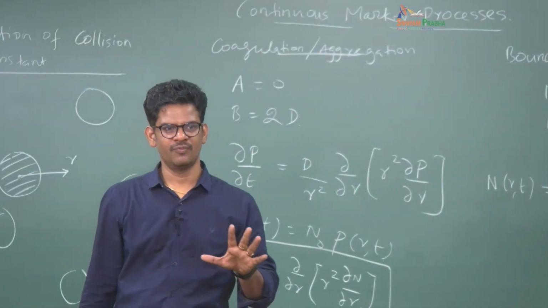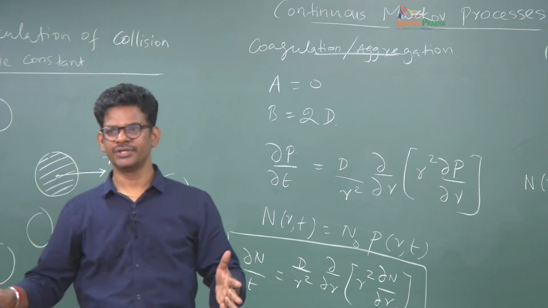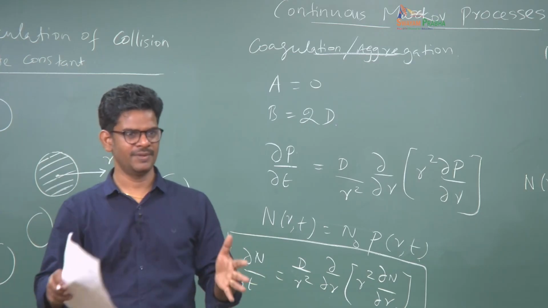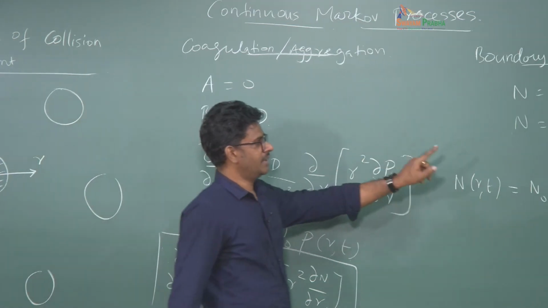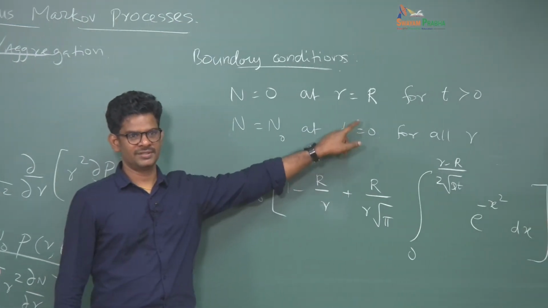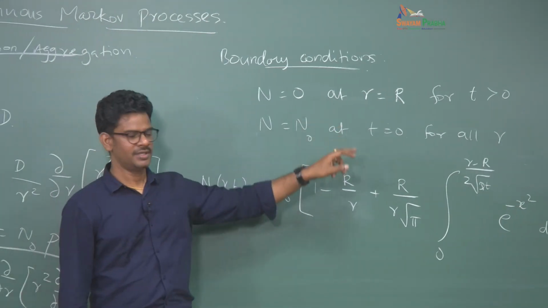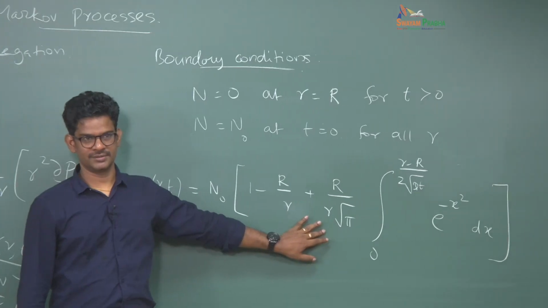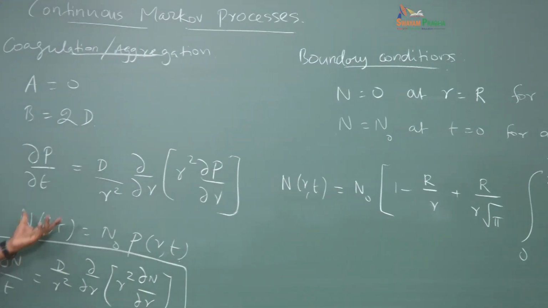In the Wiener's problem, where we looked at free diffusion in an infinite medium, we got a Gaussian distribution for the probability and the concentration. Same governing equation, but different boundary conditions. There is an absorbing boundary condition at small r equal to capital R. That gives a totally different kind of solution. So this is the analytical solution for this particular equation.